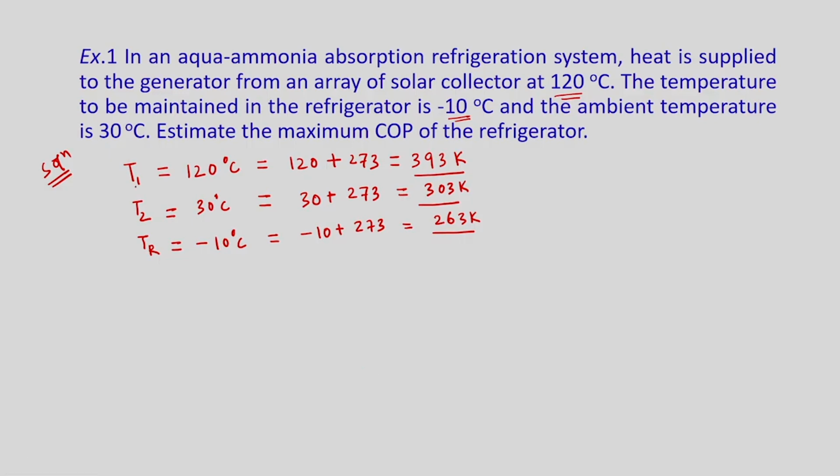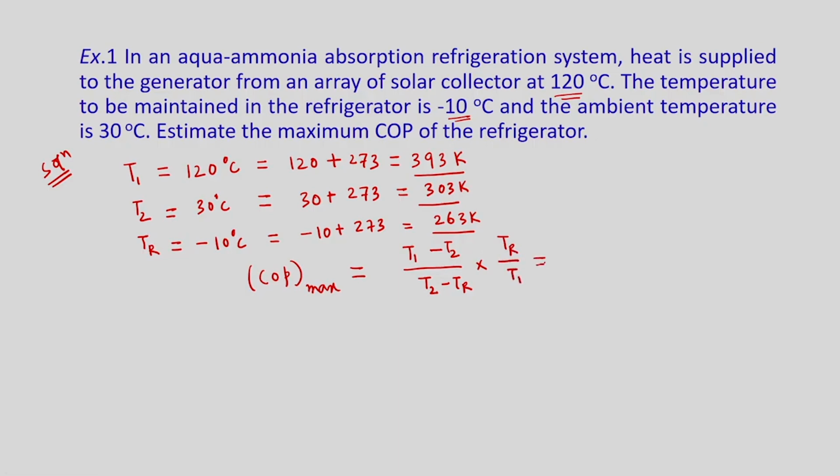If we know these three temperatures, then we can calculate the maximum COP. We know the expression for maximum COP, which is (T1 minus T2) divided by (T2 minus Tr) multiplied by Tr by T1, right.